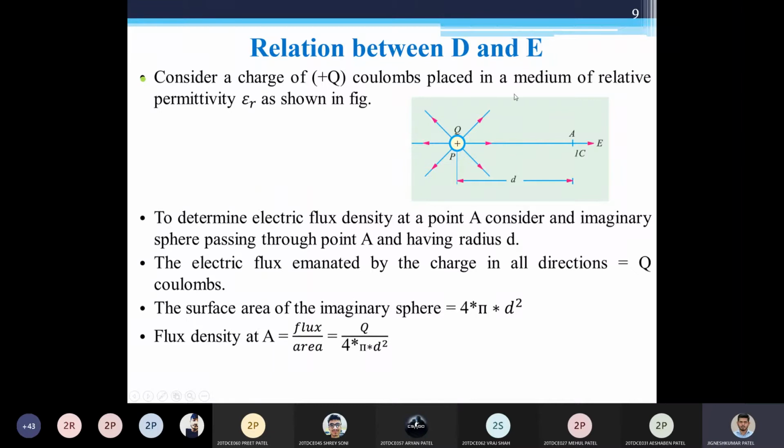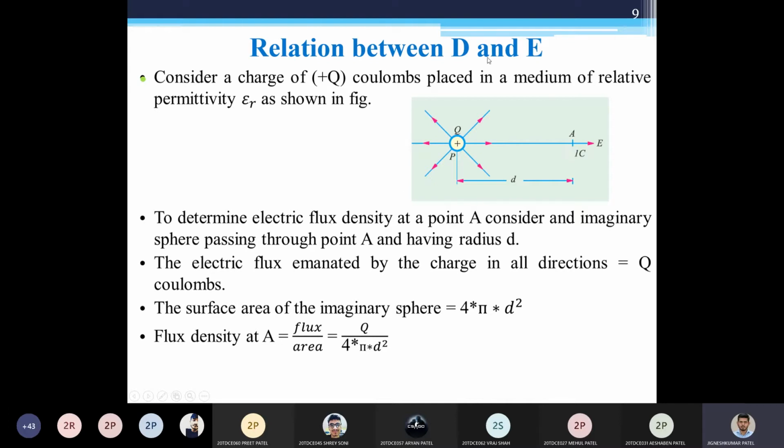And the area of a sphere, we know, is 4 pi d square, because d here is the distance between the two charges. This d is not related to the diameter. It is the distance between my charge q and my 1 coulomb charge.